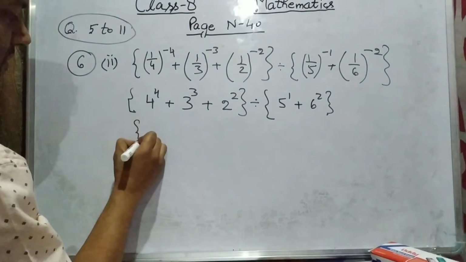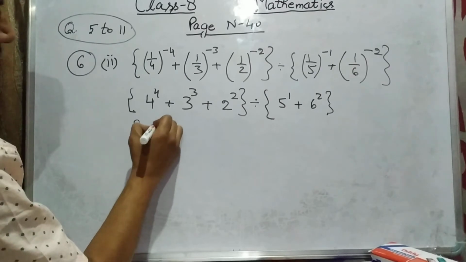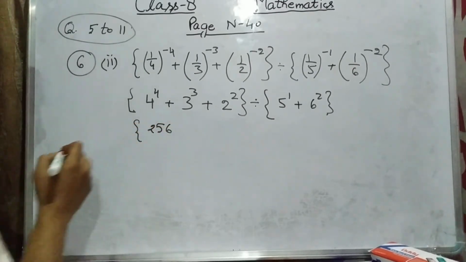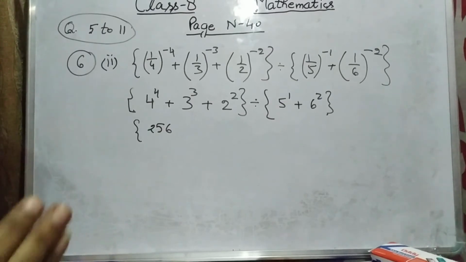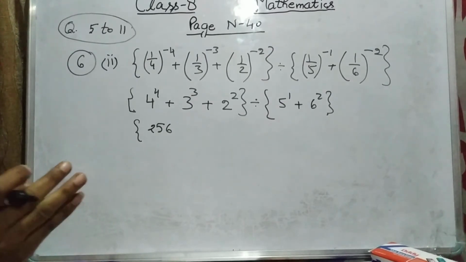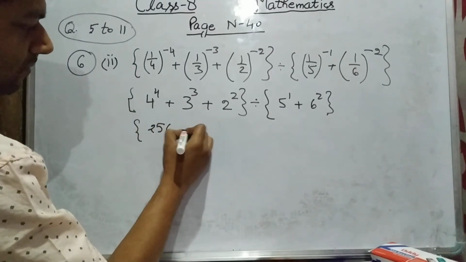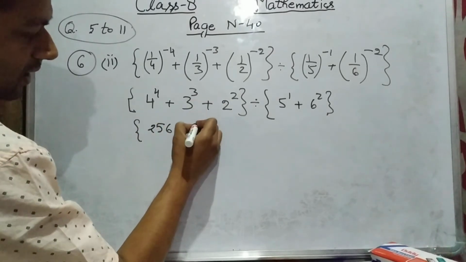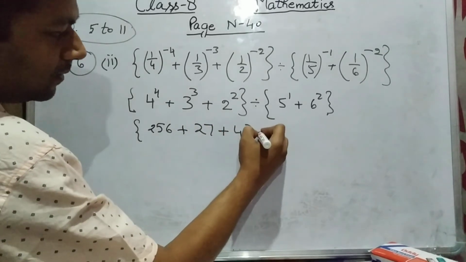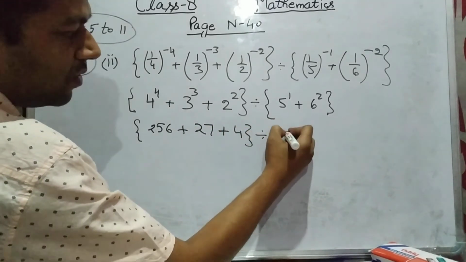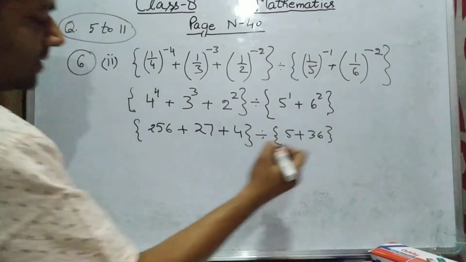Solve each curly brace. 4 to the power 4 is 256. You have to remember the squares of 1 to 25. Last year I gave summer vacation homework so that you can save time. 3 to the power 3, 2 to the power 2, divide sign, 5 plus 36.